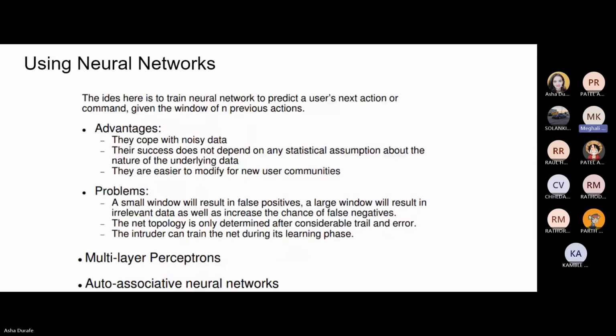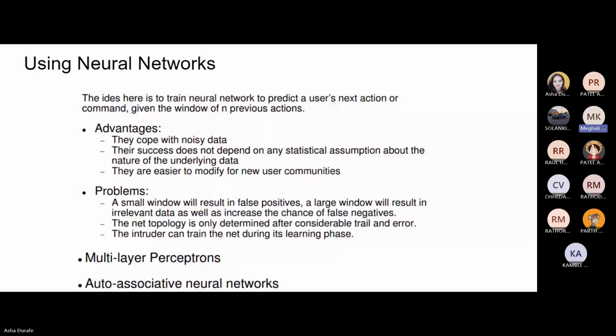But you have the problem of a small window, which results in false positives. A large window will result in irrelevant data as well as increase the chance of false negatives. The intruder can train the net during its learning phase, which is also one of the disadvantages here.